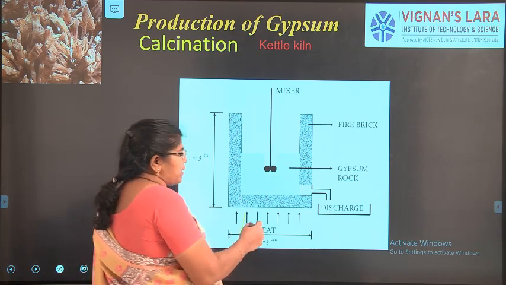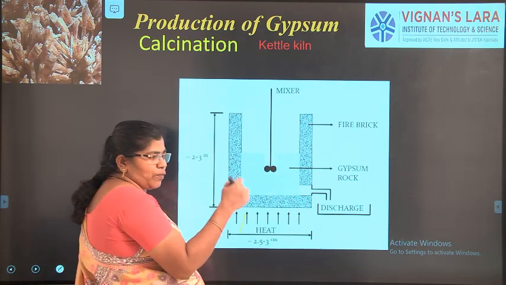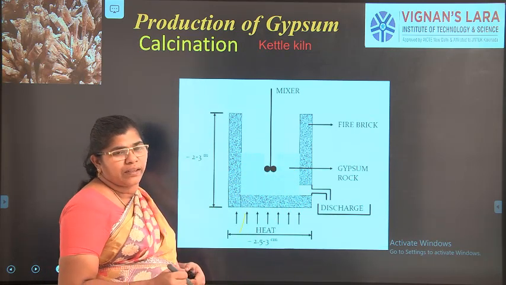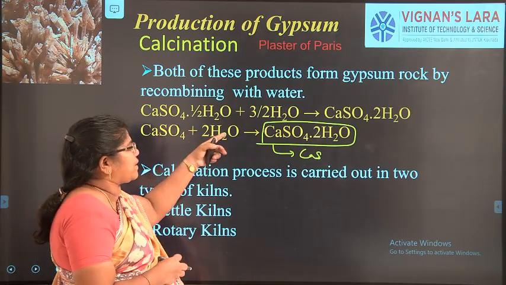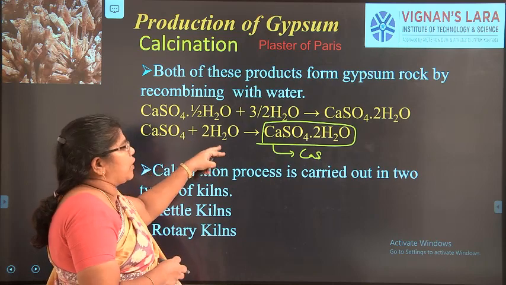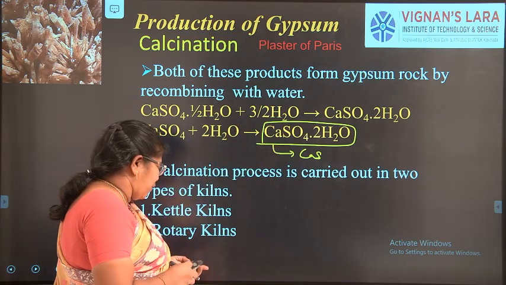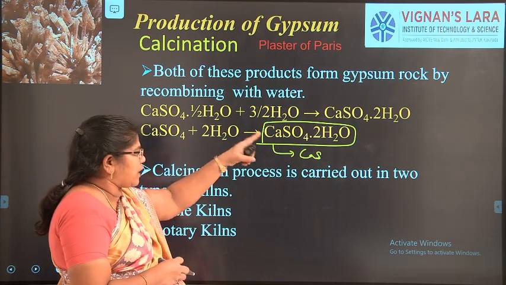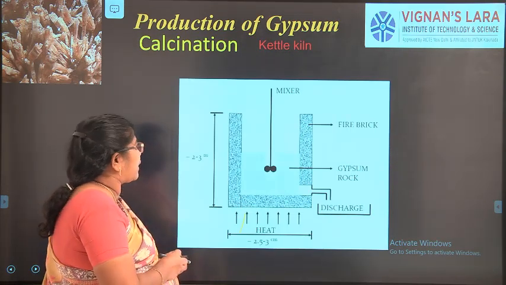So the gypsum rock will fully undergo a calcination process and form calcium sulfate plus 2H2O. This again forms calcium sulfate 2H2O. So first, calcium sulfate 2H2O is formed in the kettle kiln process.